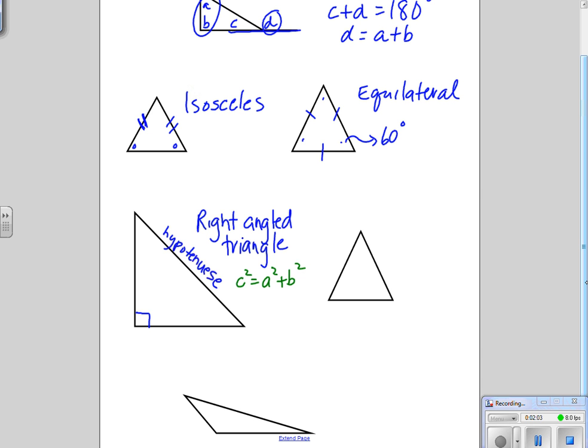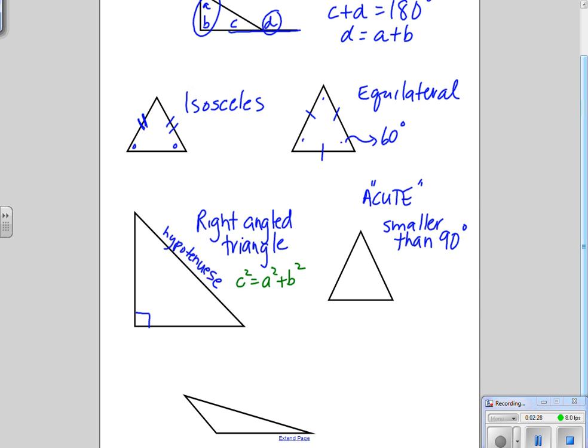Acute angled triangles, all three that we've been talking about have been acute angled triangles. Honestly, the easiest way to remember that is that it's acute. All of the angles are smaller than 90 degrees.